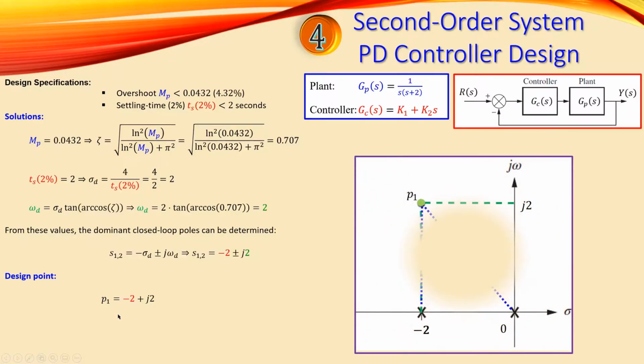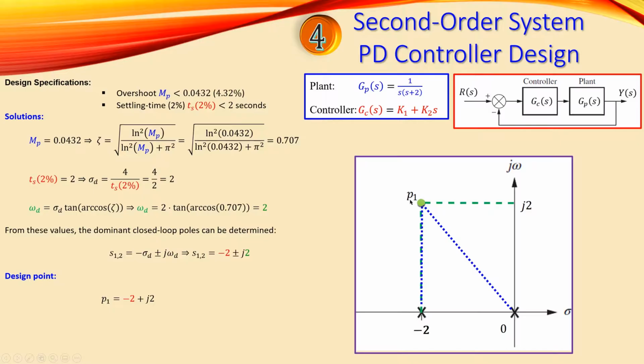Now, if I make a sketch of the situation, what I have is the following. This is the complex plane, there's the sigma, and the omega, j omega. I have here the pole of my plant at the origin, and the pole of my plant at -2, which is just shown here. This is my design point, which also has a real part of -2 and an imaginary part of 2.